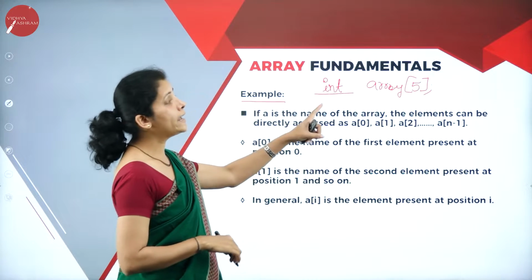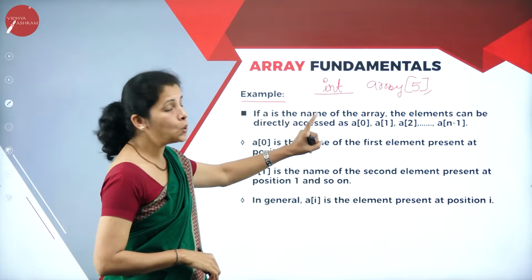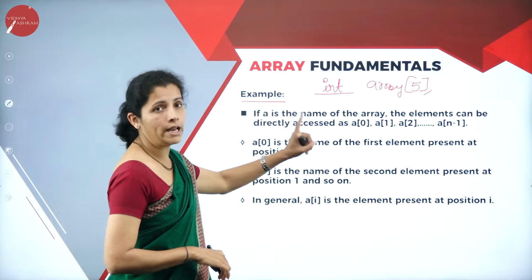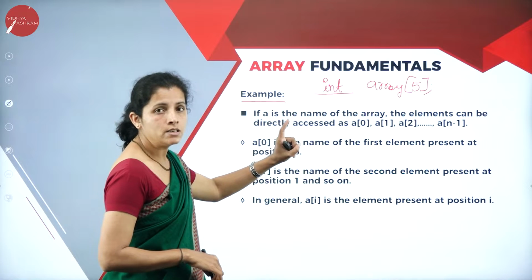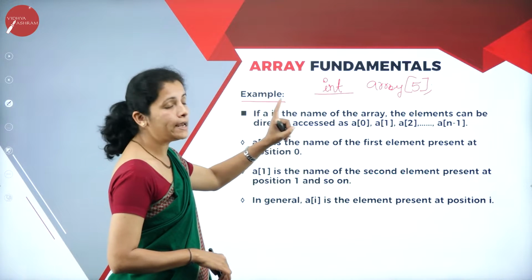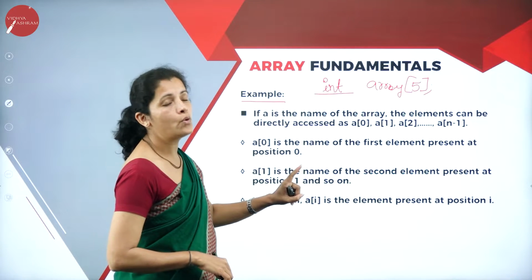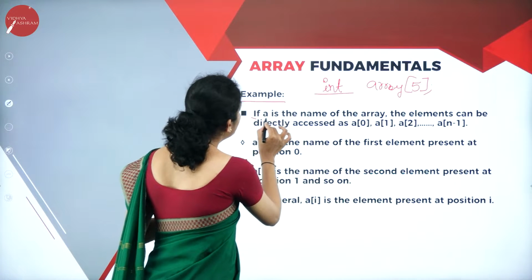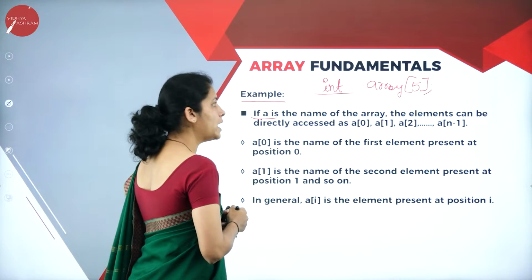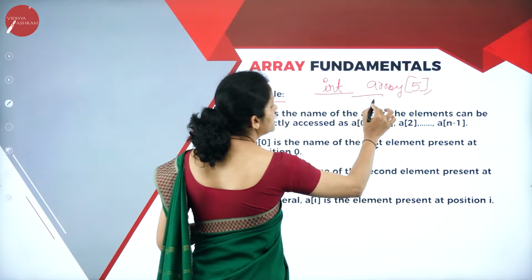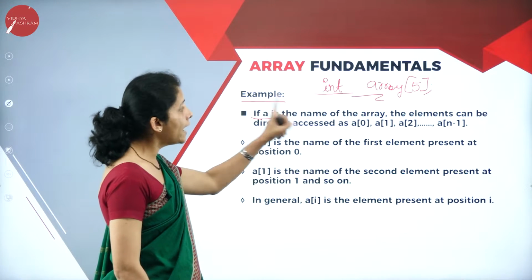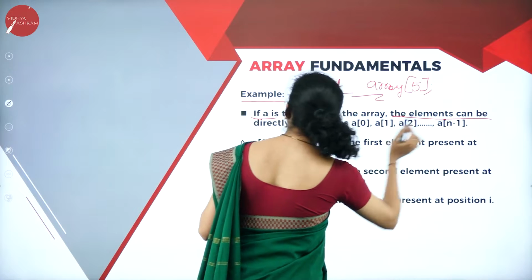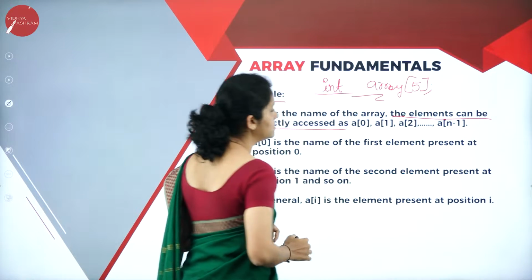Now, this array is capable of storing only 5 elements or items, starting from index 0 to 4. If I consider this example, what is the name of the array? That is array. The elements can be directly accessed.